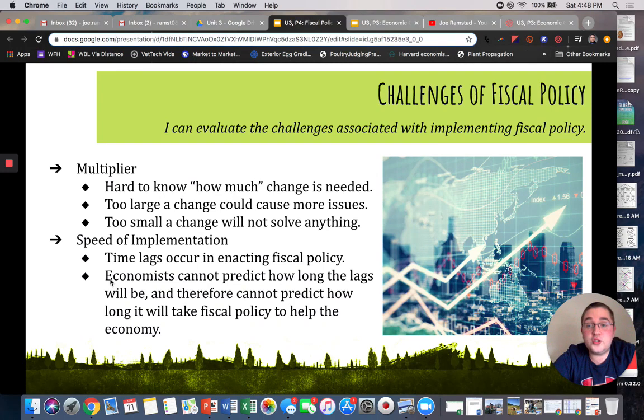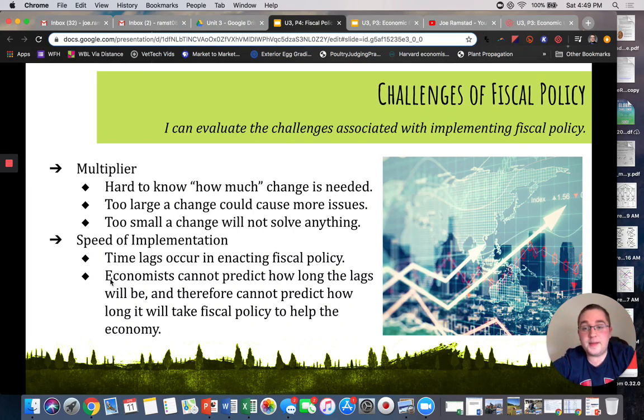Number two, too large of a change could cause even more issues to the economy, and too small of a change would not solve anything. It would just be more income, resources, etc., that are not being invested productively. So it's very challenging to know and utilize the multiplier in a way that's going to be effective, and that's what economists are struggling to do right now.